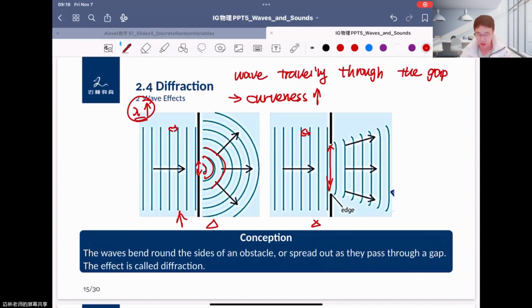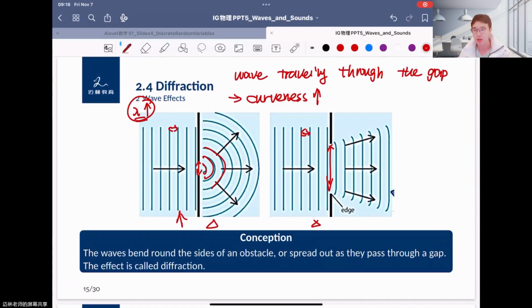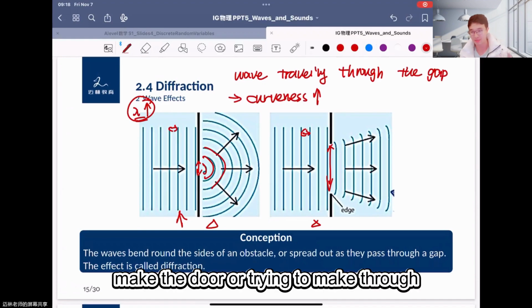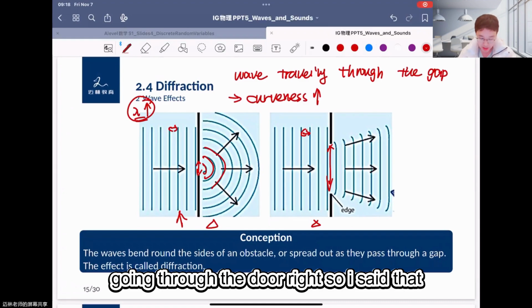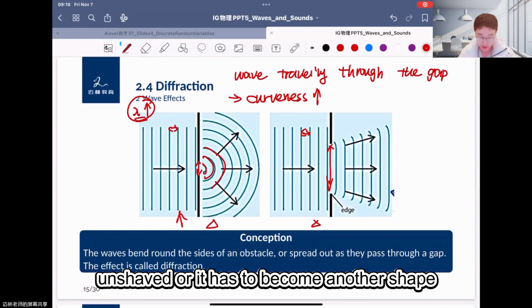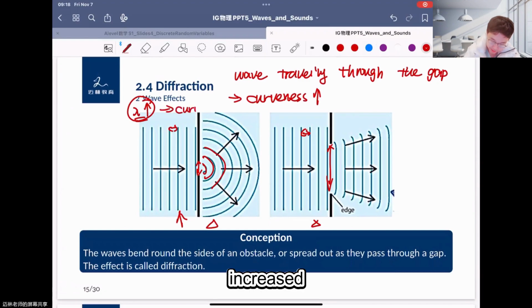Before, he has a very straight body, and after he passes through the door, he has to pull his belly in, trying to get through the door, right? So we can say that after going through the door, his body becomes unshaped or has to become another shape, right? So that means the curvature increases.